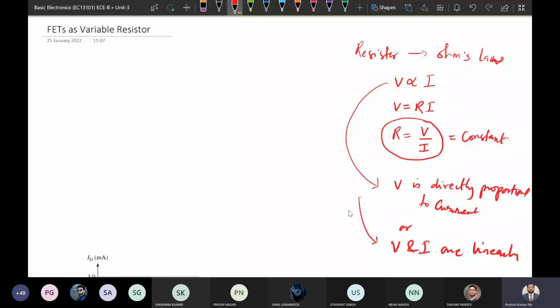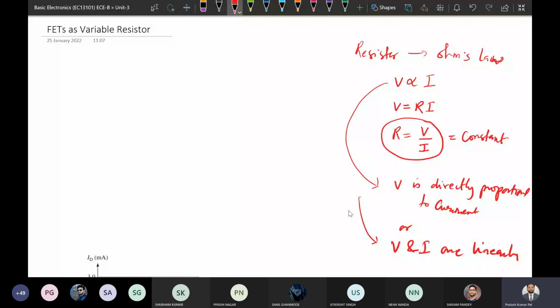At this point we will be calculating the slope, and at this point, and at this point. So we will have different resistances, or different transconductance, as we can call it. So by varying the drain to source voltage, there is a variation in the resistance value.